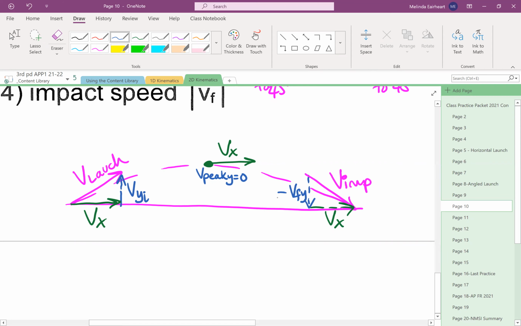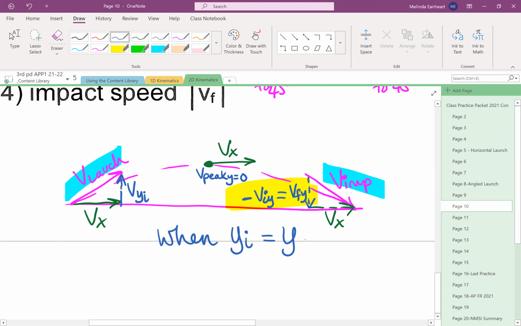The symmetry is it equals your initial, but now it's negative. You're going downward. And so it's this symmetry of the vertical plus the constant motion in the horizontal. Launch speed equals your impact speed when you have y initial equal to y final.